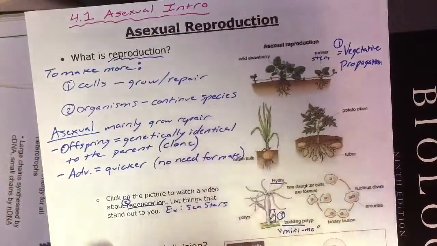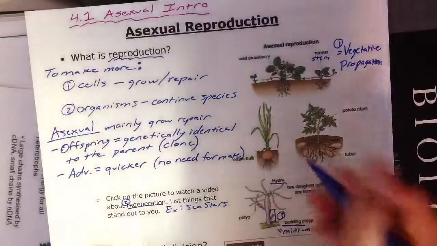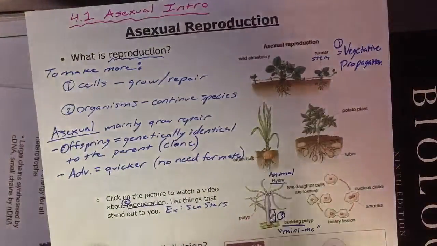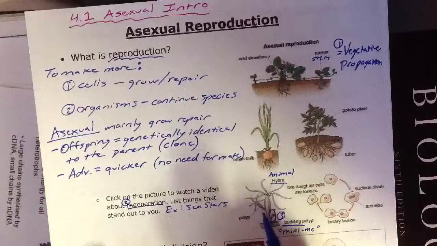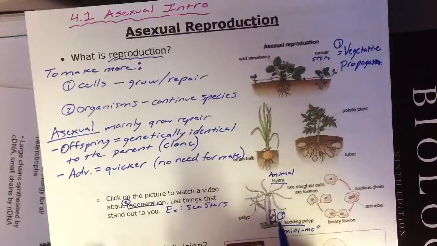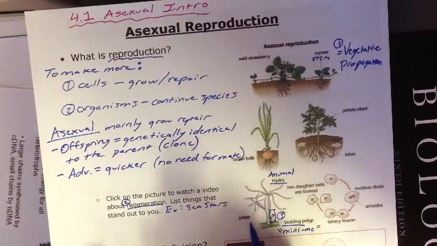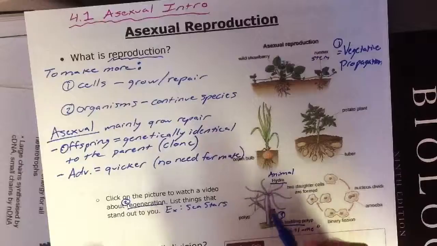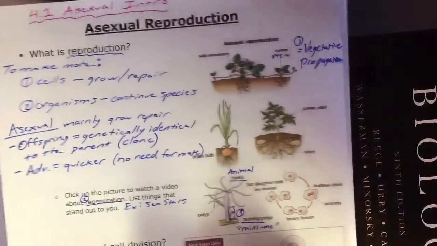This organism is known as a hydra, and this is actually an underwater animal kind of similar to a jellyfish. Notice that it actually has two polyps forming, and these eventually will fall off and become a whole separate organism. And they are all genetically identical to this original parent organism.